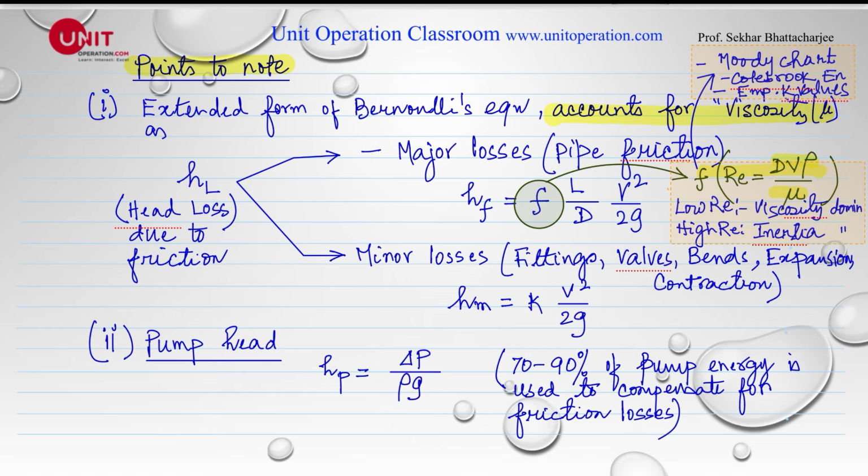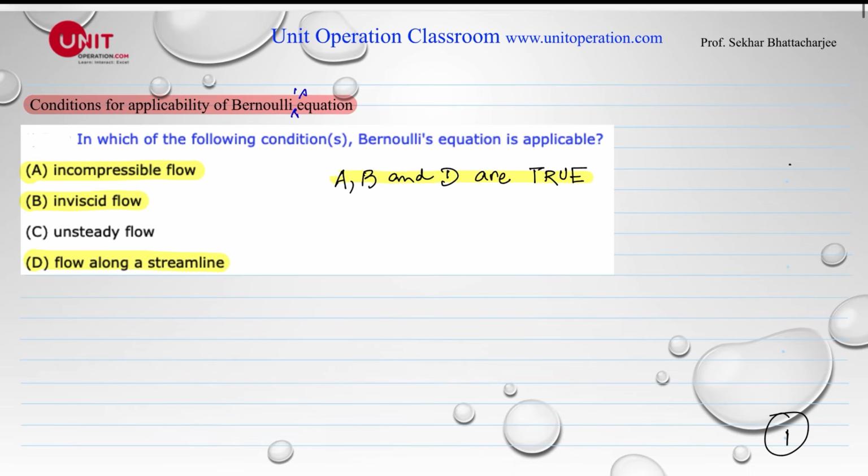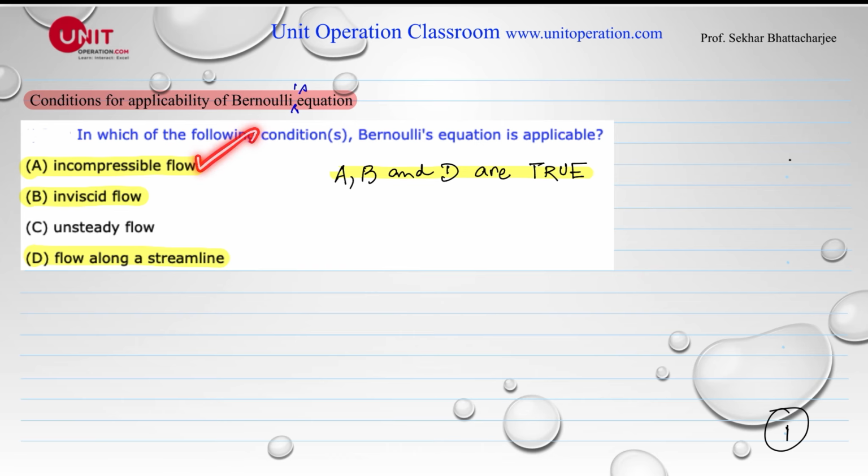Just note that almost 70 to 90% of the pump energy is used to compensate for the friction losses. We have solved quite a lot of problems on Bernoulli's equation, and we'll be solving actual real life problems. But these are just additional points and notes I thought I'd discuss with you. So again, going back, options A, B, and D are true.